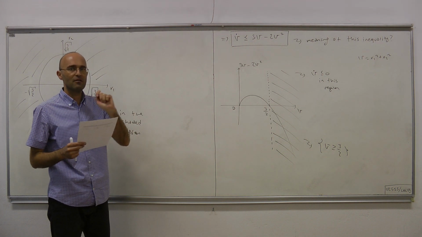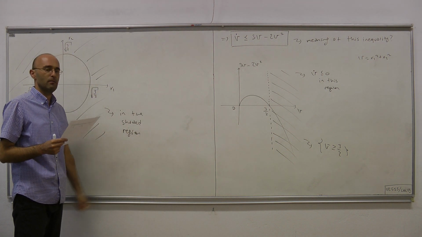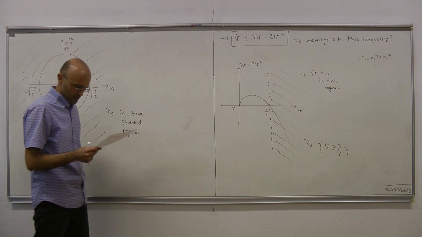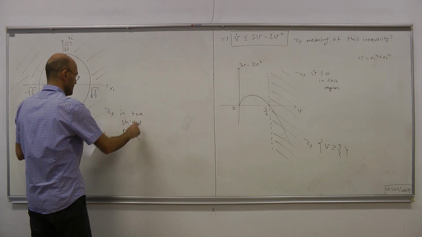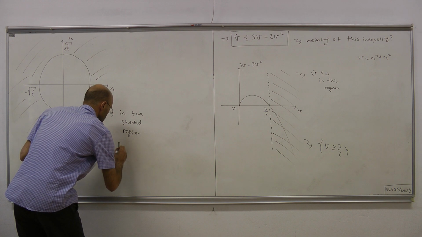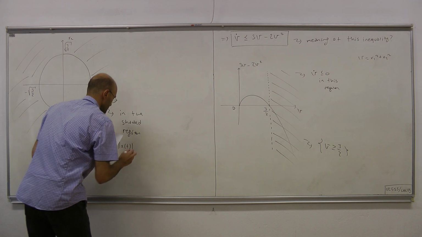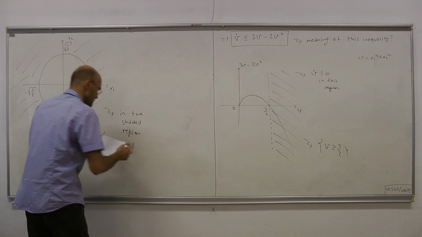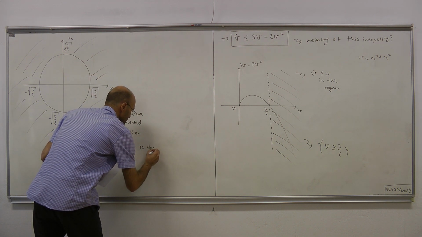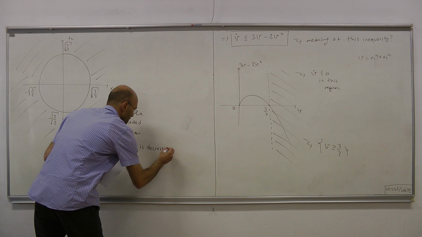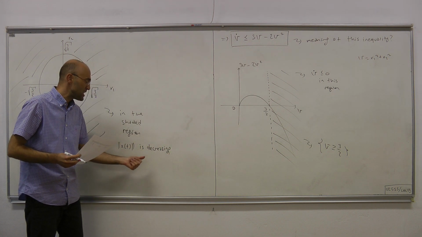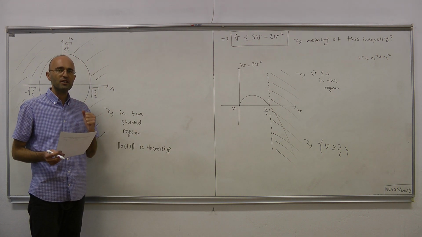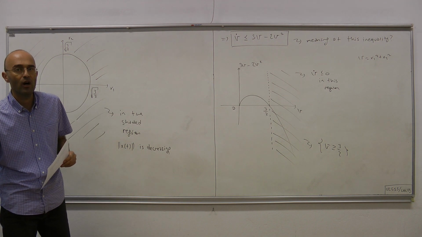Okay, and that's what we need to eventually apply to the Poincare-Bendixson theorem. Okay, so in the shaded region, Euclidean distance of the state to the origin is decreasing. And that decrease will give us the forward invariance that we're trying to hunt down.